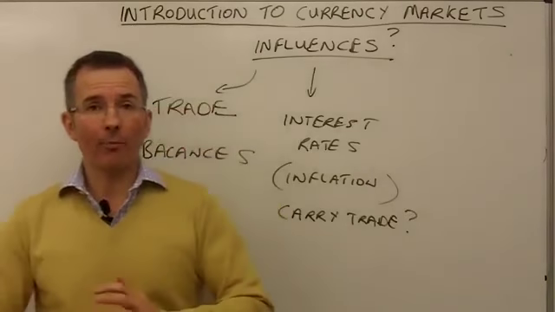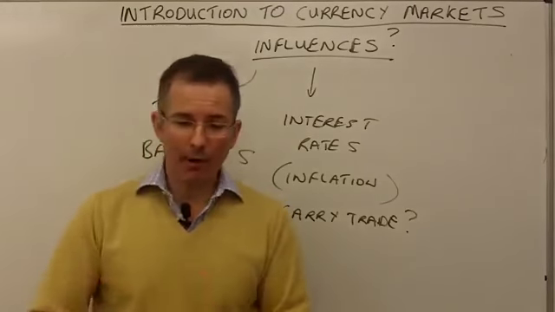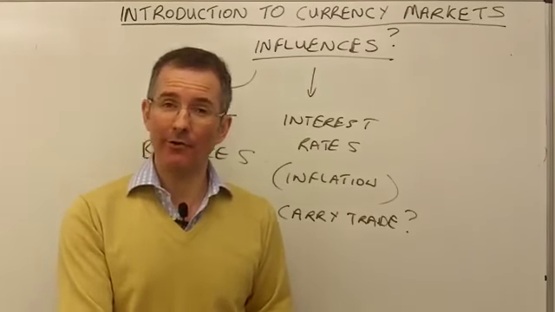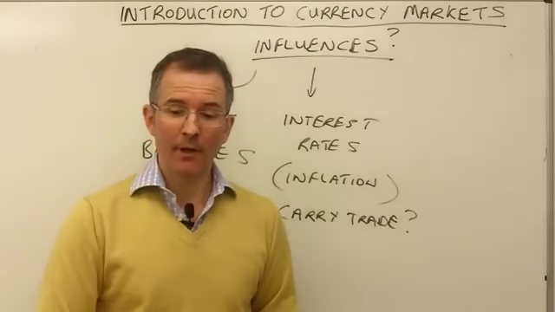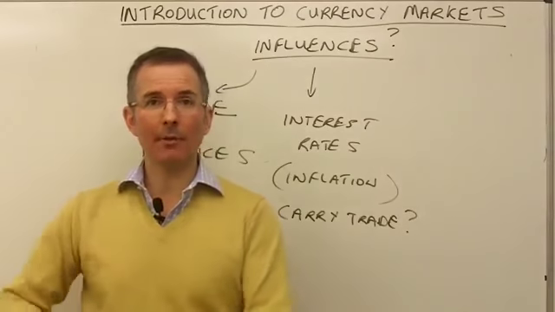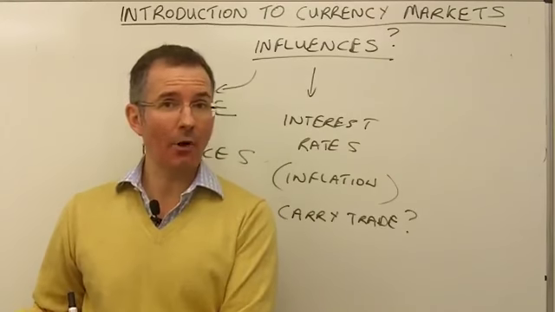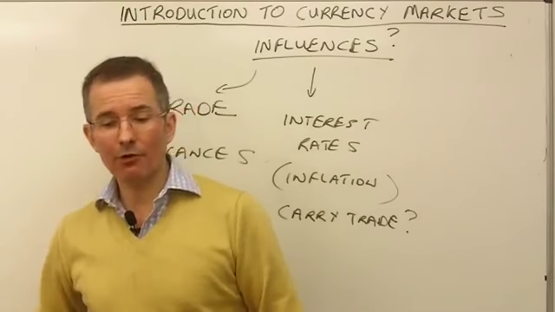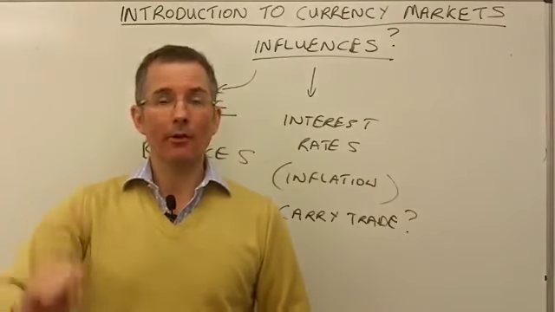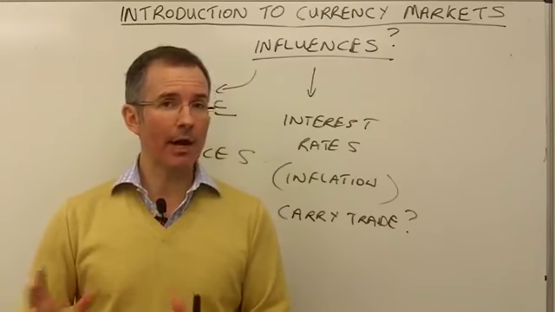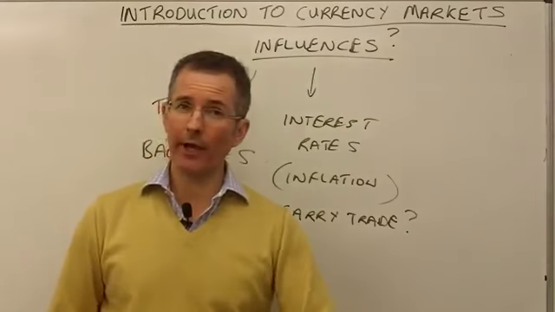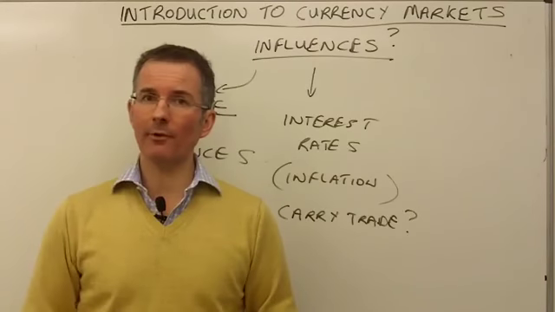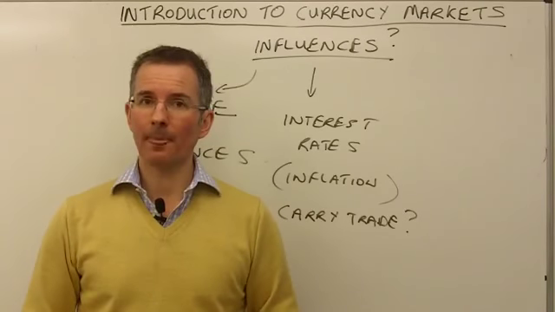Popular for a while, for example, until quite recently, was the idea you might borrow yen, because the interest rate there has been rubbish for ages, close to zero, so they're cheap, and invest in something with a much higher interest rate like the Australian dollar. Much stronger economy, arguably, and interest rates tending to rise up. So there are people out there who take advantage. Carry traders will borrow cheap currencies as they see it and try and invest in more expensive ones, which tends to mean ones with higher interest rates.